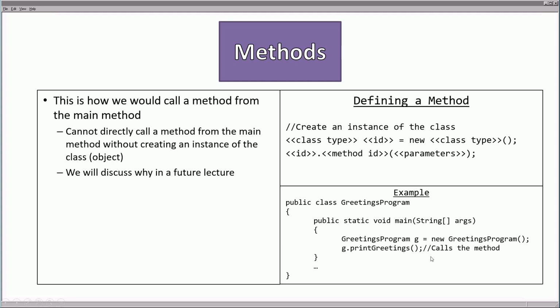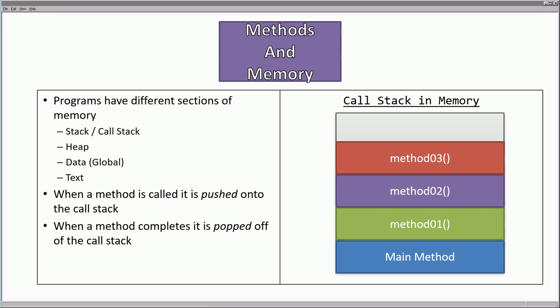Now remember this, when we called printGreetings, what is going to happen is this is going to jump inside of that method, which if you remember, this called a different method, and it's going to jump inside of that method, return the string, print out the string, and then come back to here. Now this concept can get very confusing as we're going to be jumping all around code.